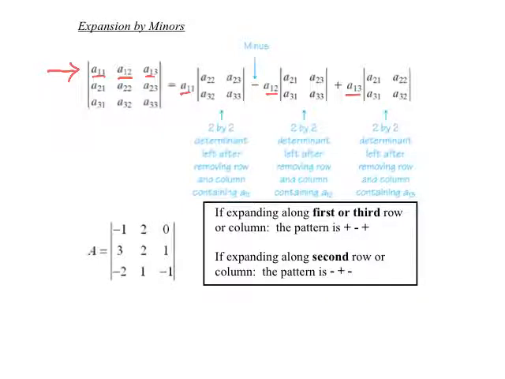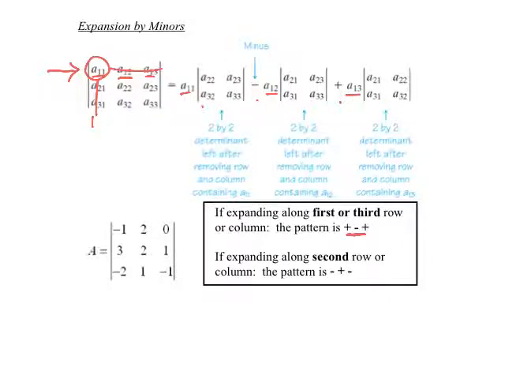And because I'm expanding along the first or third row, my pattern is going to be plus, minus, plus. So I have positive, minus, positive. And if I choose A11 as my first multiplier, then I'm going to multiply it by the determinant, cross out the row below it, or the column below it and the row across.